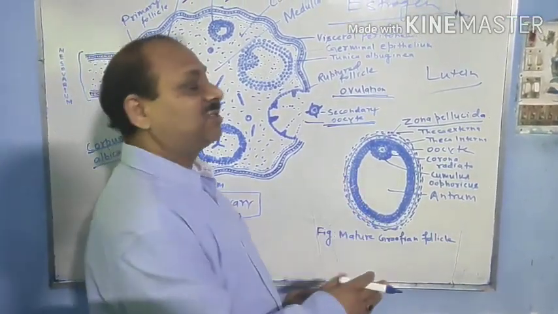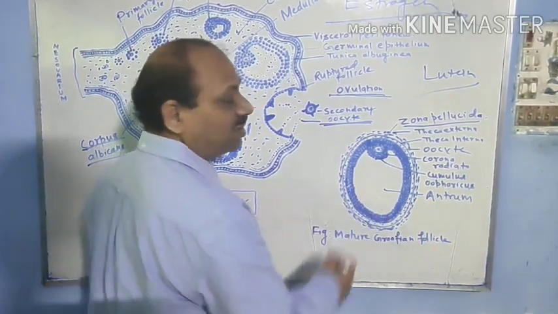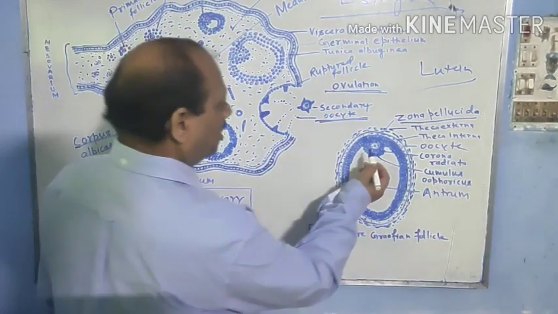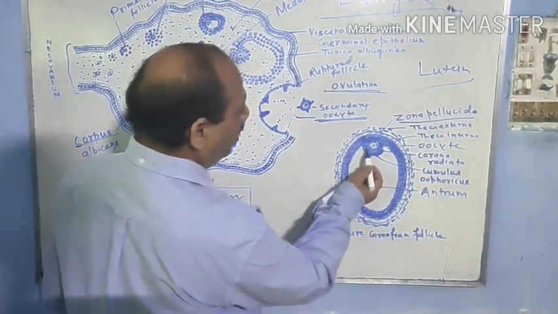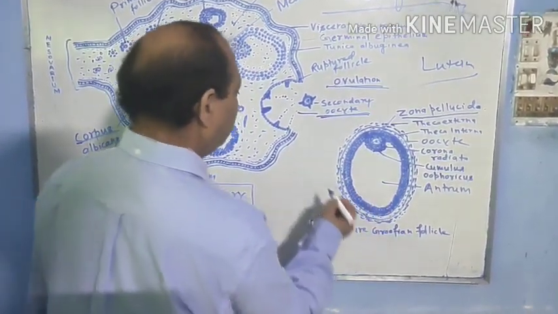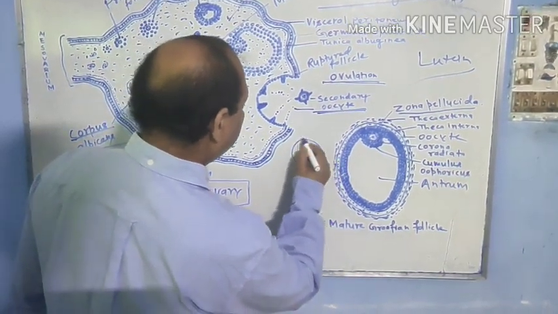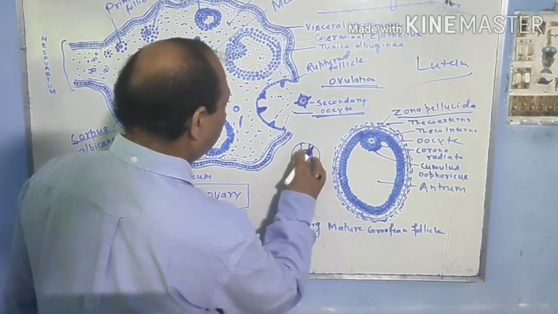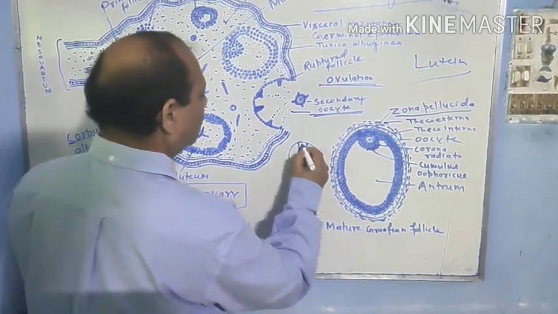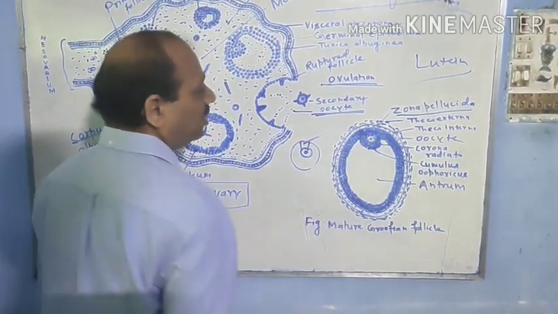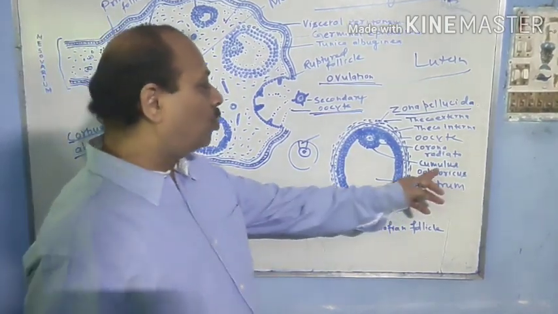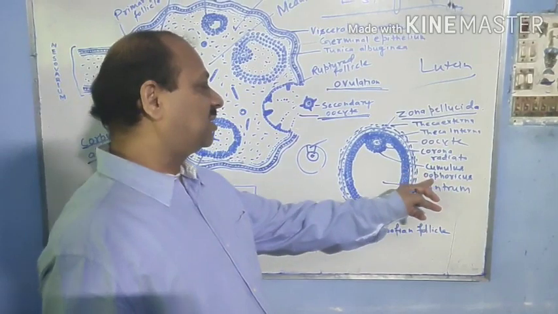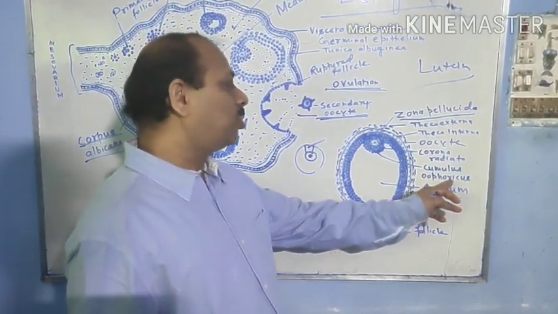Oocyte is suspended in the cavity of follicle with the help of a stalk-like structure. This is the stalk and this is the primary oocyte. This stalk is known as cumulus oophorus.